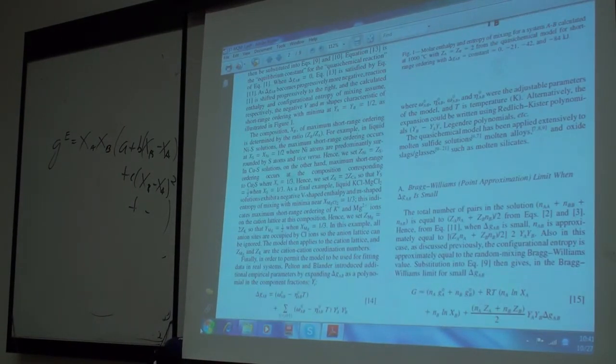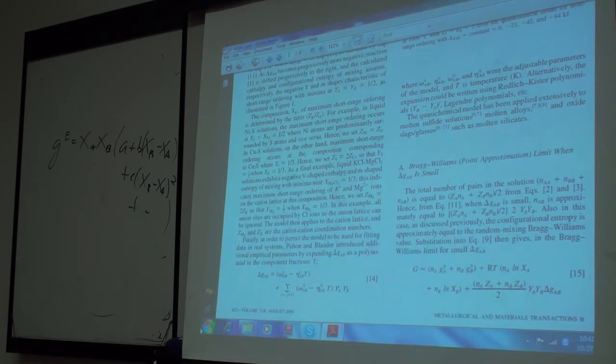So this is writing it as a general polynomial. Actually, this is not the absolute latest notation. It's pretty close to it.